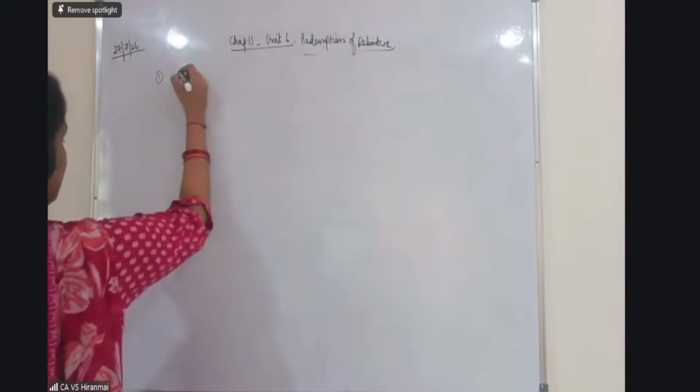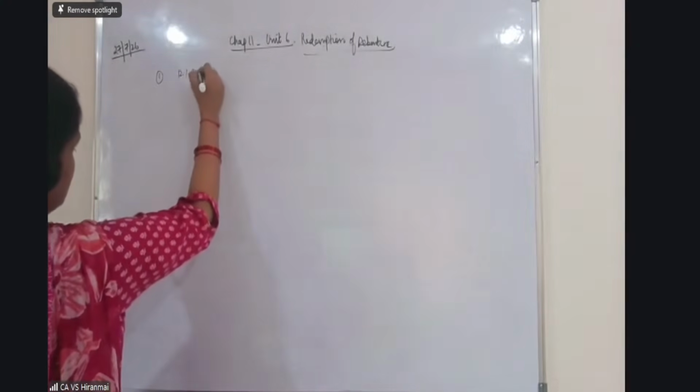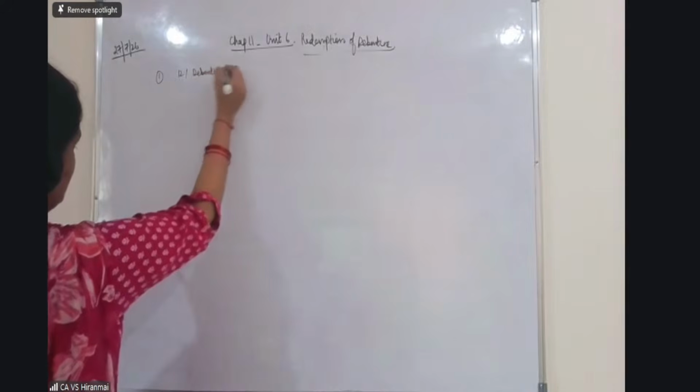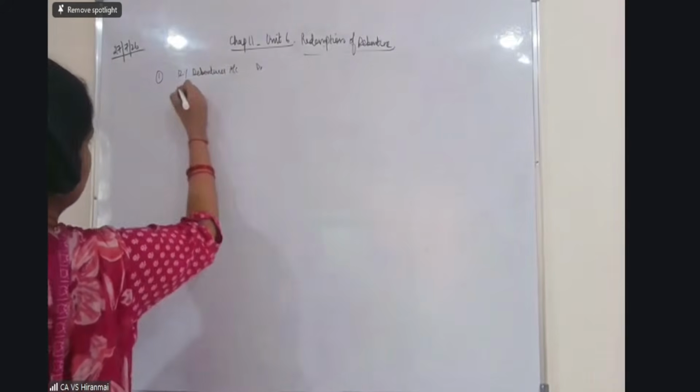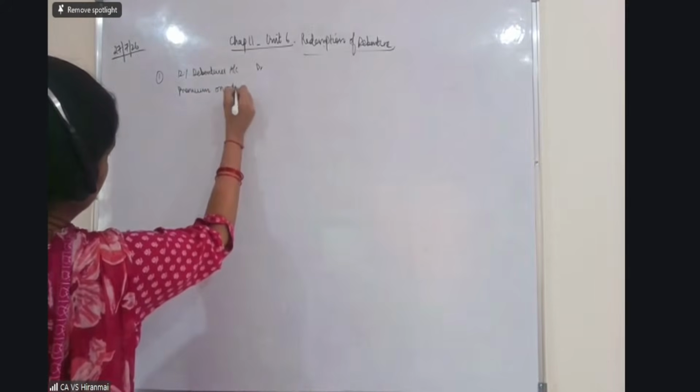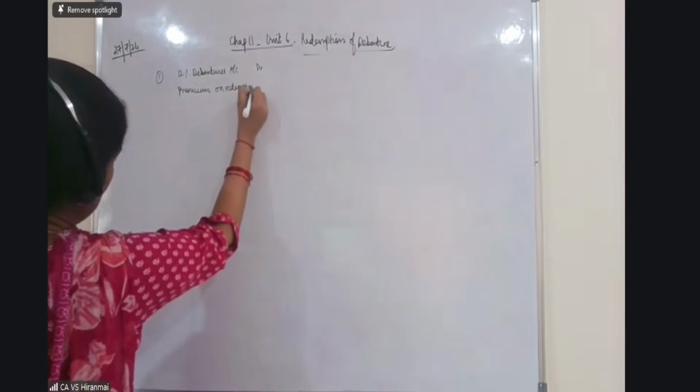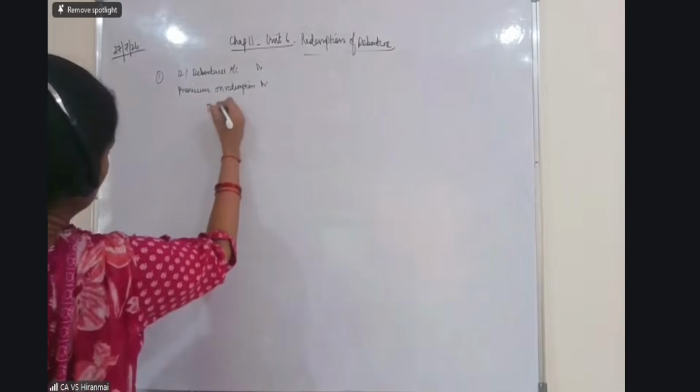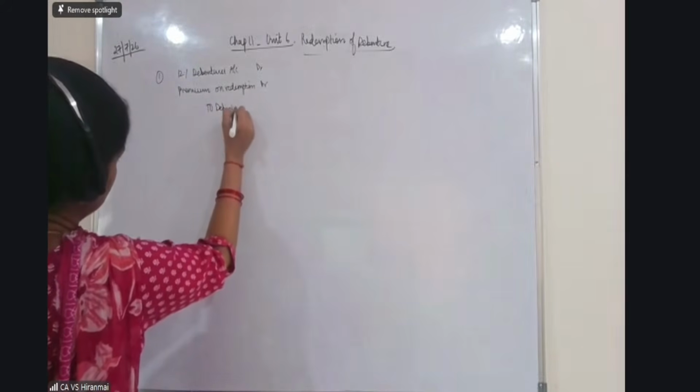So here the first entry is 12% debentures account. Because now this is due for redemption. Premium on redemption is also given. Premium on redemption to debenture holders.